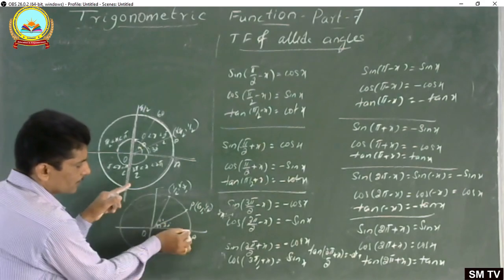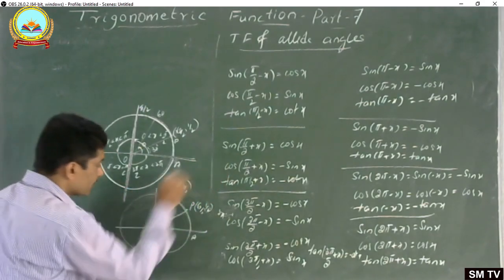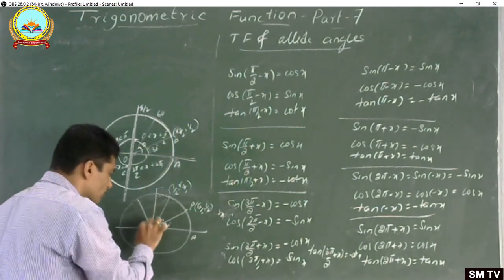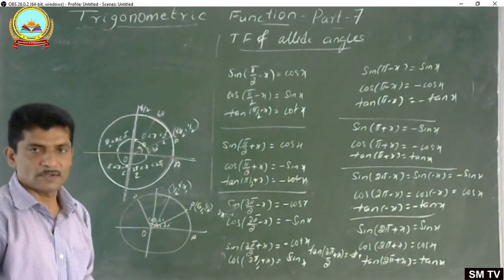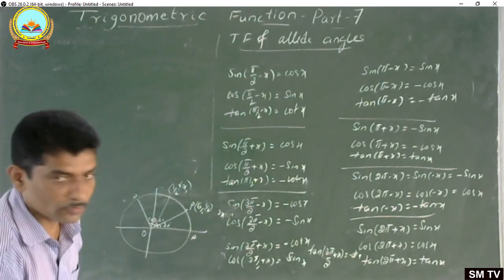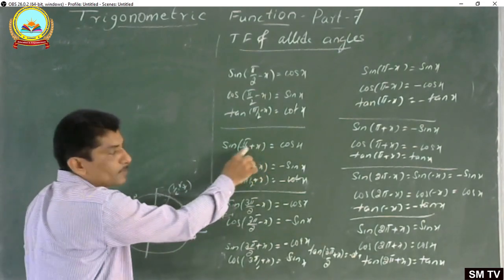But we must know where the change happens: 0 to 90, and greater than 90. With 90 plus 30, this value is 90 plus 30, 120 degree. What is the angle at 120 degree? Its value is 120 degree, meaning 90 plus x, pi by 2 plus x.